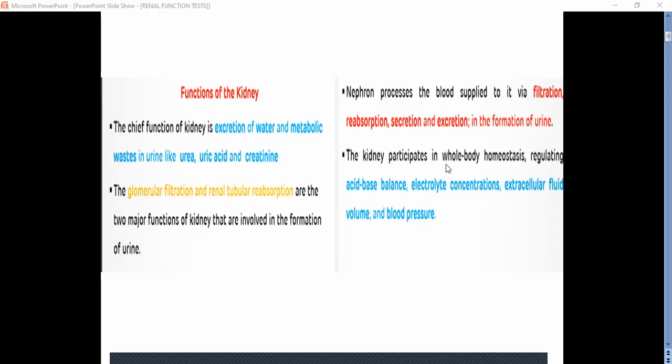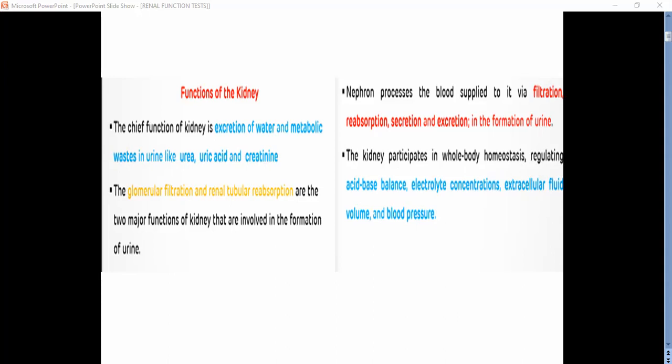The kidney participates in whole body homeostasis, regulating acid base balance, electrolyte concentration, extracellular fluid volume, and pressure. That is, the kidney is not only useful for filtration and reabsorption, it is also useful in acid base balance. Excess acids and bases produced in the blood are cleared by the kidney and excreted into the urine.